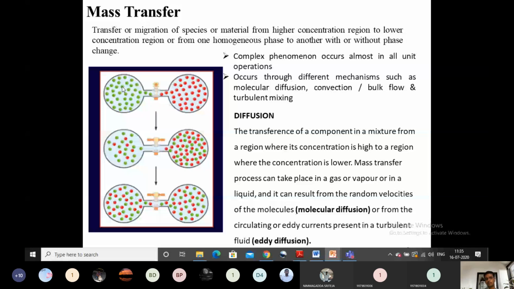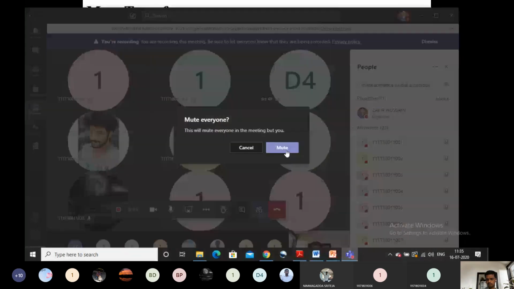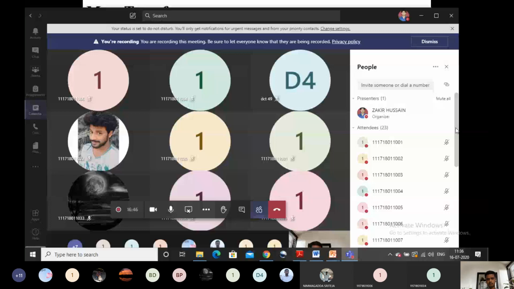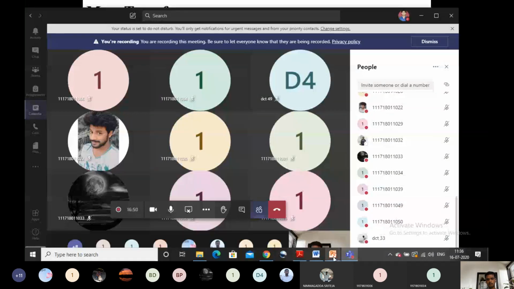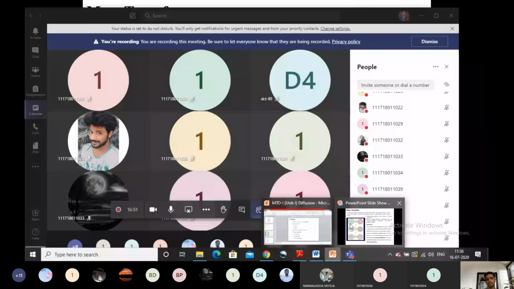So when we remove this partition, the green particles will migrate towards the right, and since the red particles are in higher concentration on the right side, they will migrate to the green side, depending on their intermolecular forces, how these particles are attracted to each other.